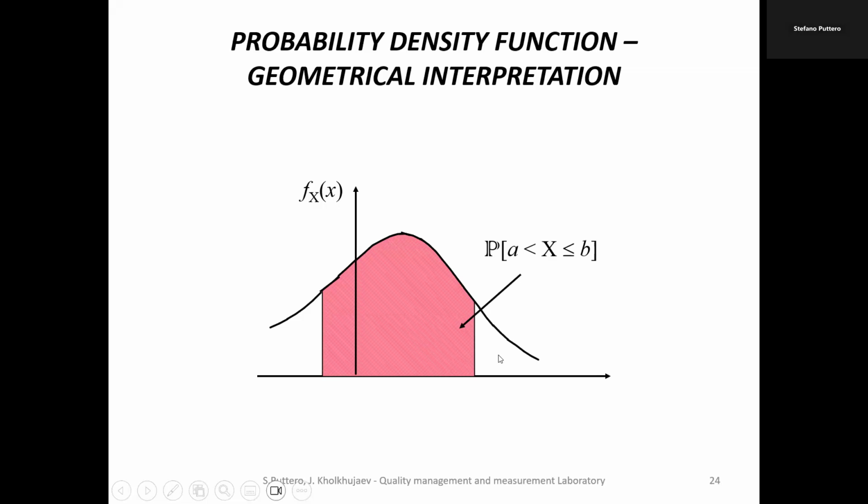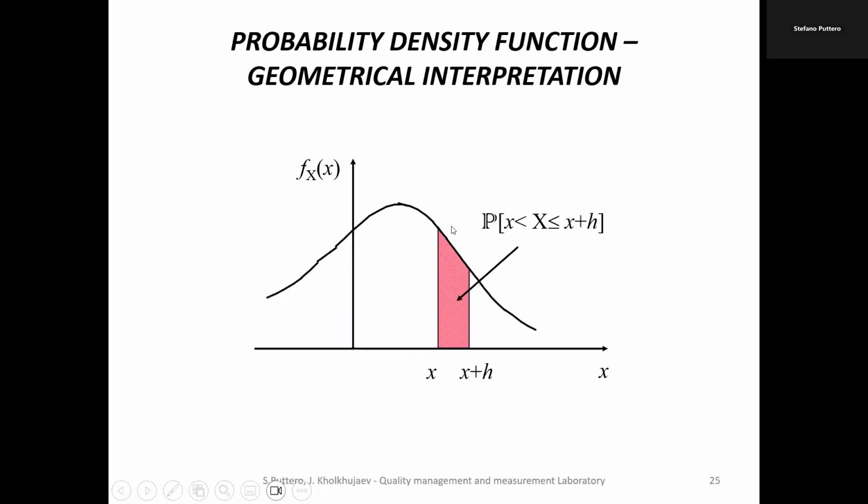That's quite intuitive, because we have a continuous distribution, so we have to calculate the area under the curve to get the probability. This is a classic example of a continuous random variable.